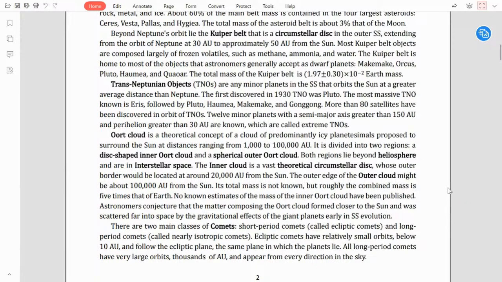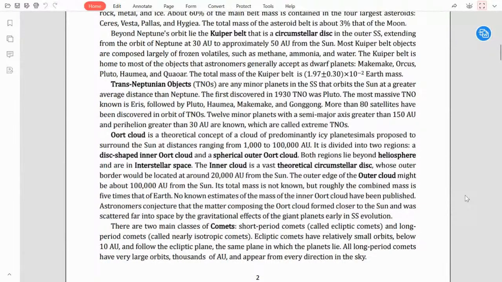No known estimates of the mass of the inner Oort cloud have been published. Astronomers conjecture that the matter composing the Oort cloud formed closer to the Sun and was scattered far into space by the gravitational effects of giant planets early in solar system evolution.